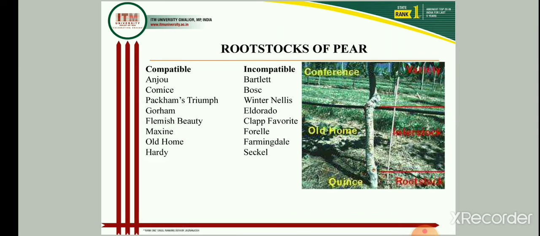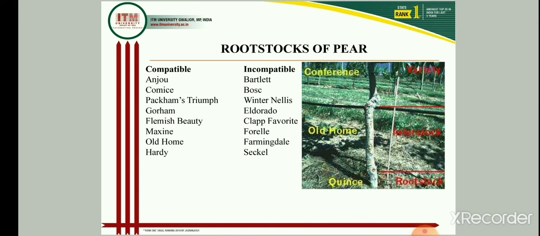In pear rootstock, quince rootstock was reported, and quince is Cydonia oblonga. The quince seedling rootstock has been reported to perform better for pear fruit in terms of good vigor and high yield.